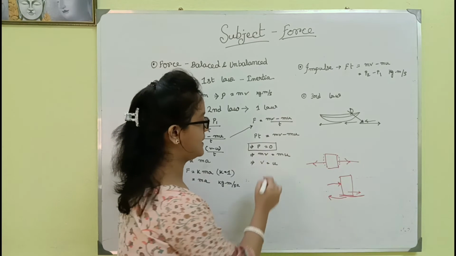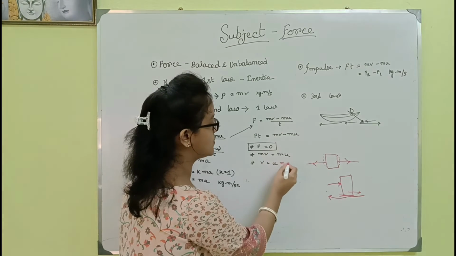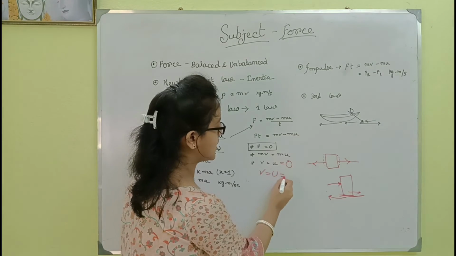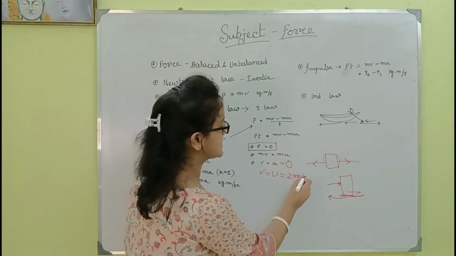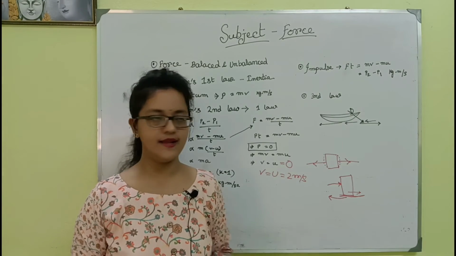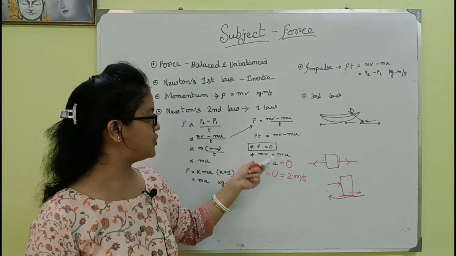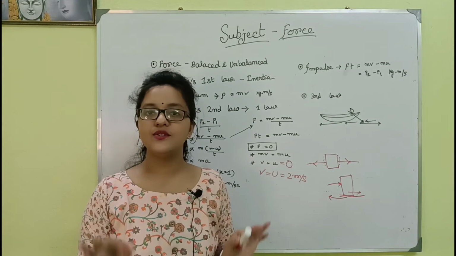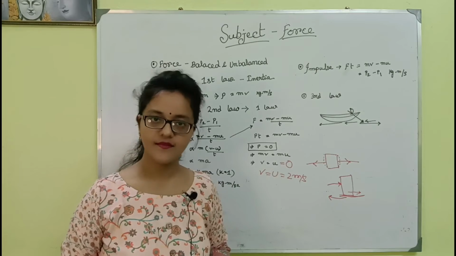Now v is equal to u is equal to 0, or v is equal to u is equal to 2 meter per second. When v and u are equal to 0, the body is in rest position.